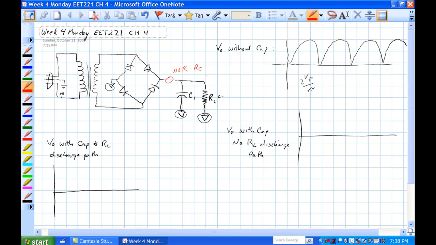Since there's no RC time constant, this cap is going to charge as fast as this goes up here, as this sine wave causes the voltage to increase. With no RL, there's no discharge path, so the cap can't discharge, and it just stays at a constant voltage.